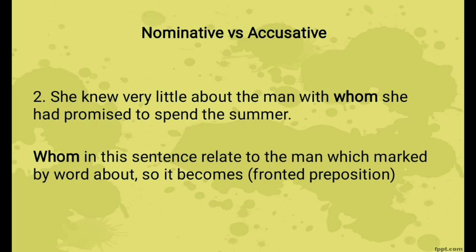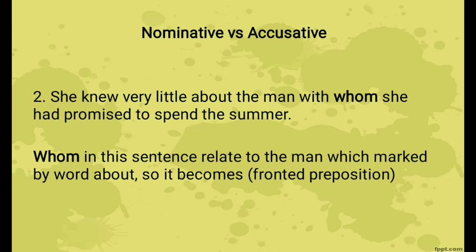She knew very little about the man with whom she had promised to spend the summer. Whom, in this example, relates to the man, and we call it a fronted preposition because the man is marked by with.